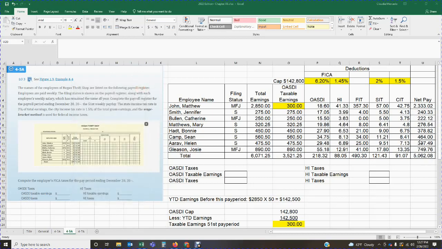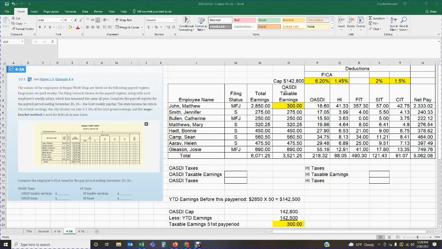Okay. So this is how much my employees are going to take home after all deductions. That is the first part of the problem. The second part is to compute the employer's FICA taxes for the pay period ending December the 20th. So we have our OASDI taxes and our HI taxes.